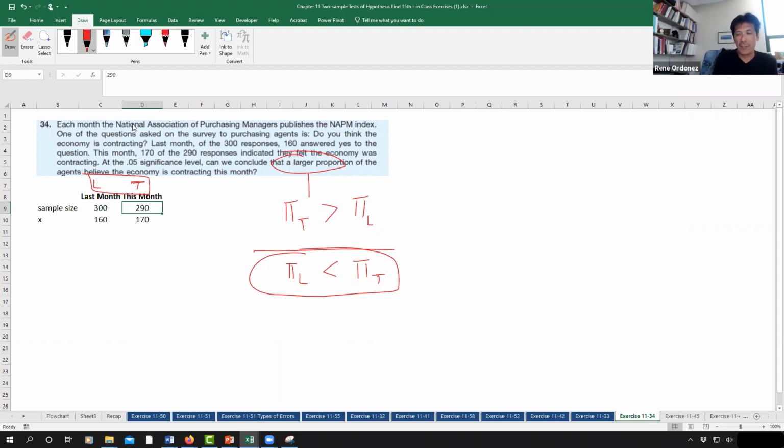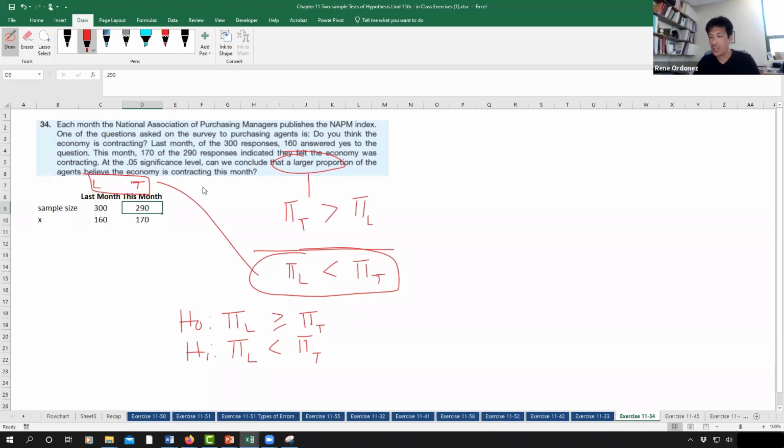So let's set it up so that it's consistent with how we set up the hypotheses and the data. Let's start with the alternate hypothesis first: the proportion of last month is less than the proportion of this month. The null hypothesis is last month greater than or equal to this month.